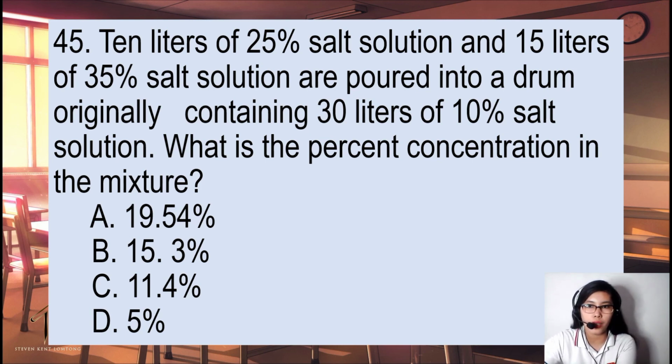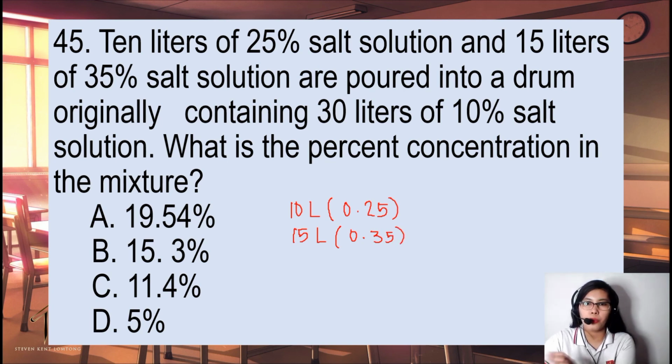We have here 10 liters of 25% solution or 0.25, 15 liters of 35% salt solution, so that's 0.35, and it was poured into a drum originally containing 30 liters of 10% solution.